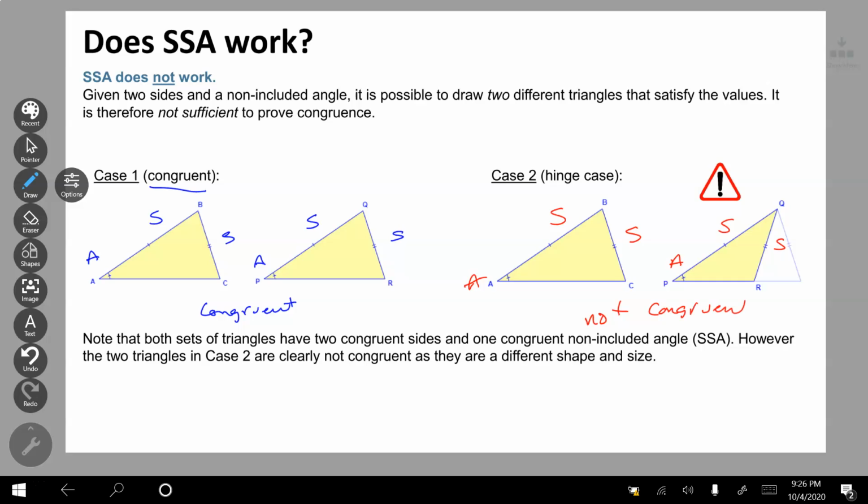You can see that this angle R is obtuse and this angle C is an acute angle. So it does not work. It's kind of like it's hinged. It's like if you took this point here that should have been the congruent triangle and you hinged it in and swung it in, you could create that triangle. So SSA does not work.